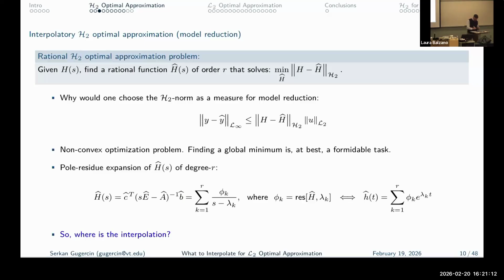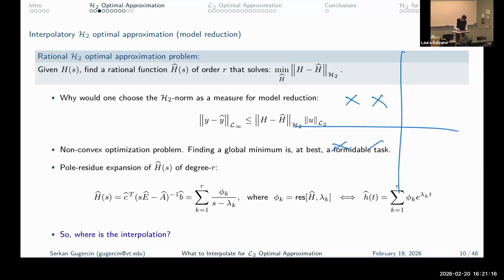So the way to think about this: original poles are over here, interpolation points are over here, and interpolation points are the mirror. We should have a few more poles than interpolation points. So if I mirror them, they end up here.